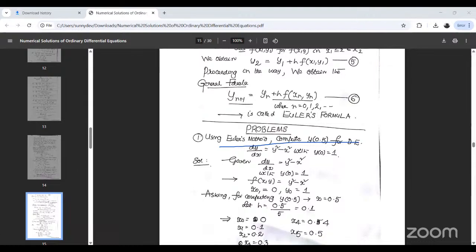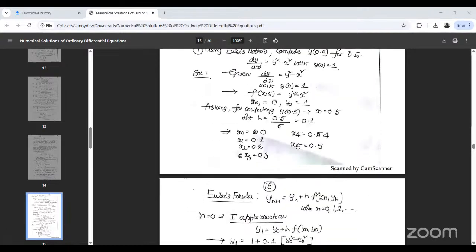That means x naught equal to 0 and y naught equal to 1. So this is f of x comma y. We are dividing into 5 intervals, so h equal 0.5 by 5, so the h value is 0.1.